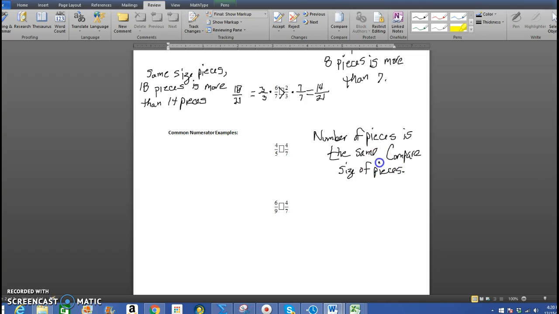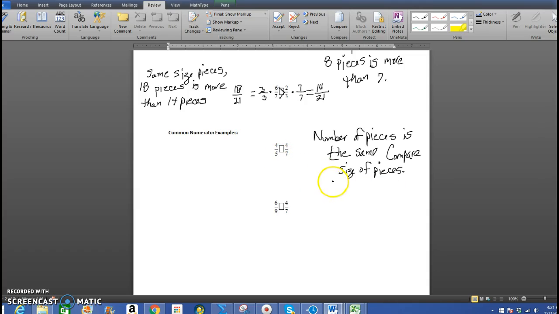And this we always kind of go back to the old pizza thing, okay? So I've got a pizza cut into 5 pieces, and I have the exact same size pizza cut into 7 pieces. If I'm really hungry, which pizza do I want to get a slice from? The one that was cut into 5 pieces or the one that was cut into 7 pieces? Think about it. This is less pieces, so that means there's more pizza per piece.